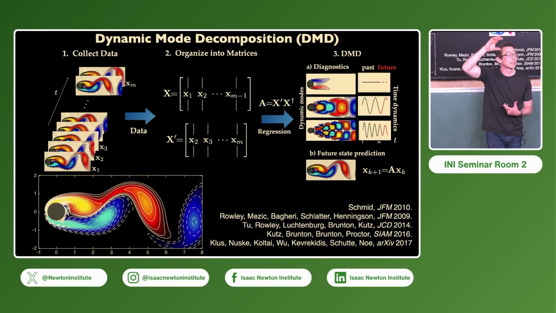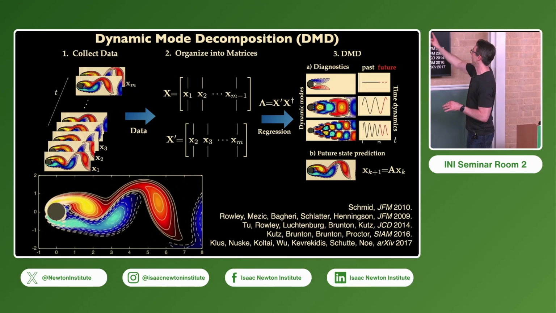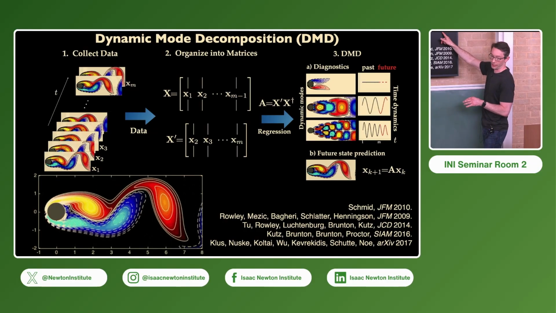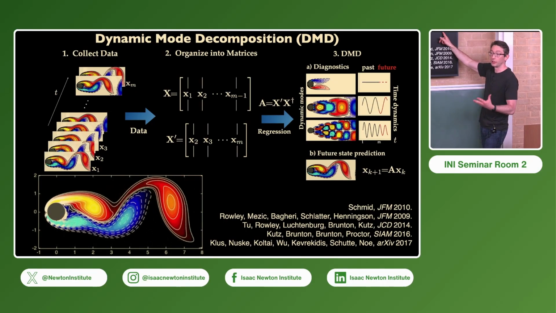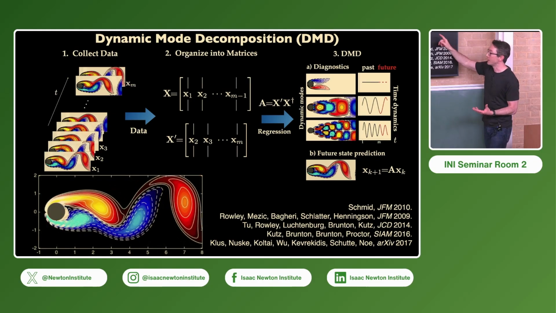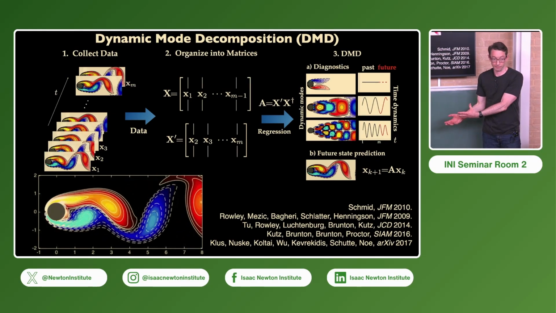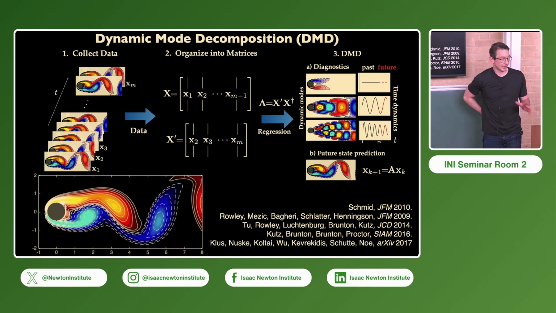So these are tall, skinny matrices. And that means that I can approximate this A matrix, which might have trillions or more numbers, with a best fit low rank approximation to A. Okay, that's the basic idea of DMD.